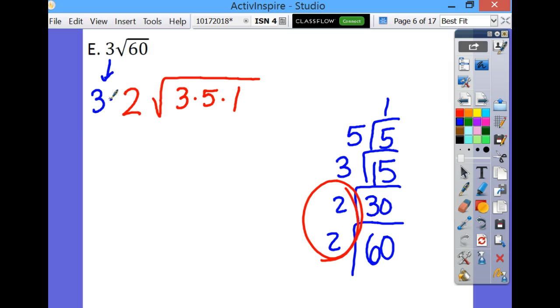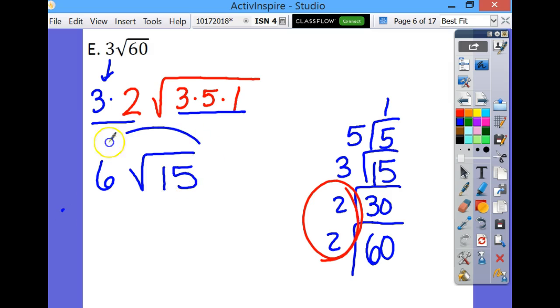It just comes down and continues to stay out in front. For my final answer, we multiply these numbers together, and you multiply these numbers together. That is the simplified answer, even though it doesn't look very simple, does it?